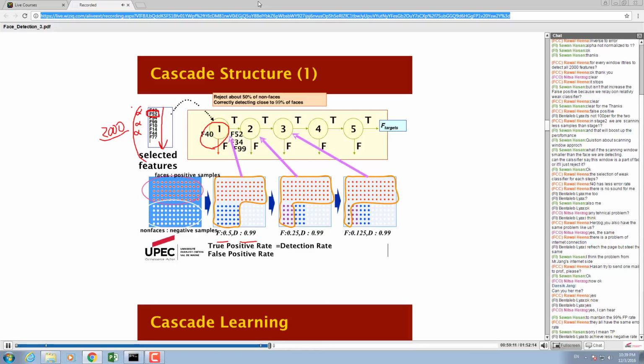So that's how stage 3 also will try to add more weak classifiers to satisfy this number, 12.5% false positive rate. So that is the general concept of the cascade structure. We will construct the cascade structure in this way from stage 1 to the last one.